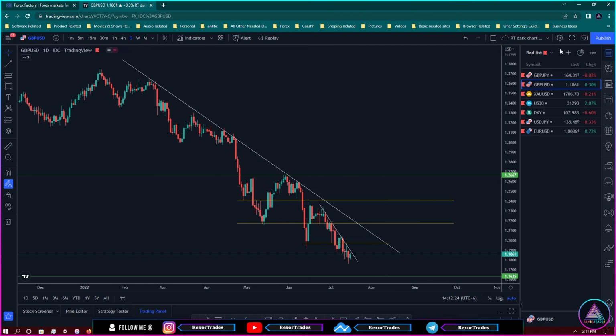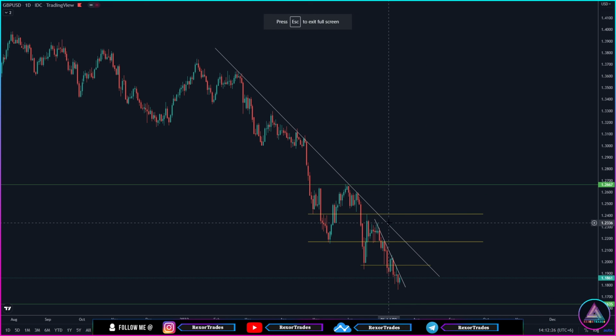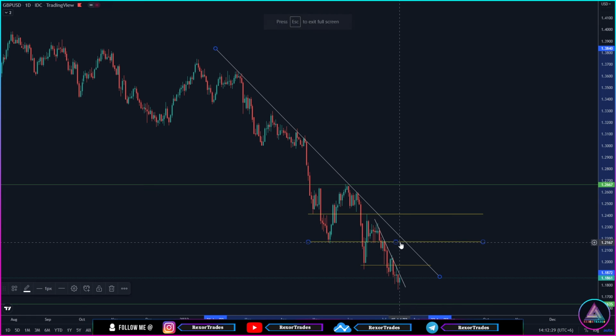That would also create a retest on this long lasting uptrend line over here. As you can see, a retest on this key zone also aligned with a retest on this beautiful downtrend line as well.